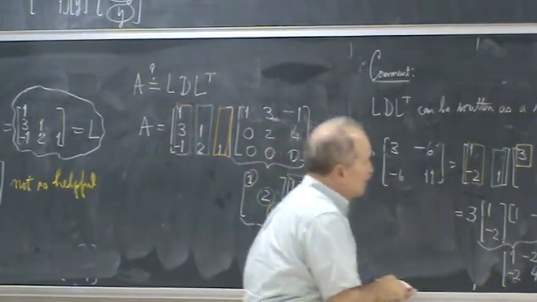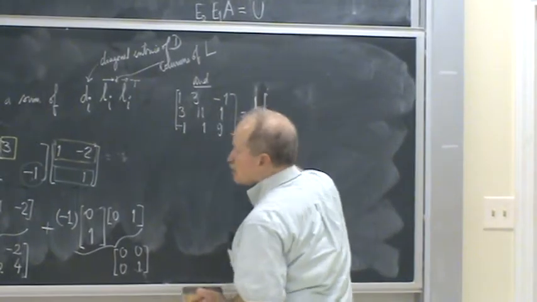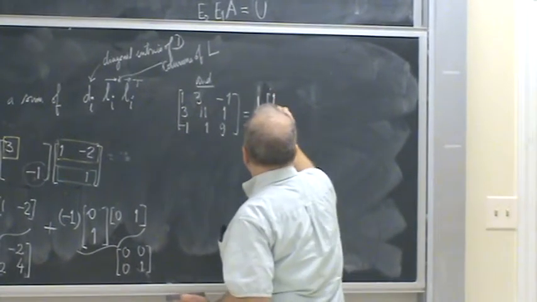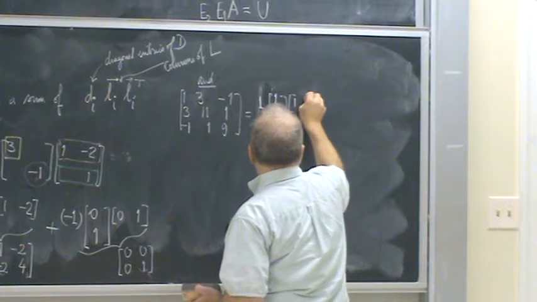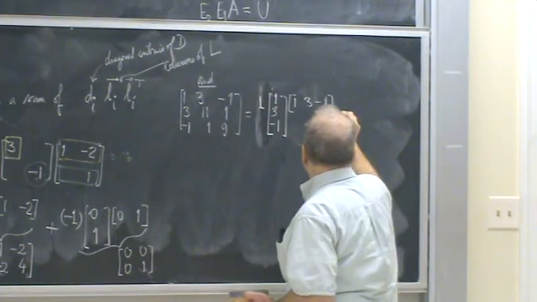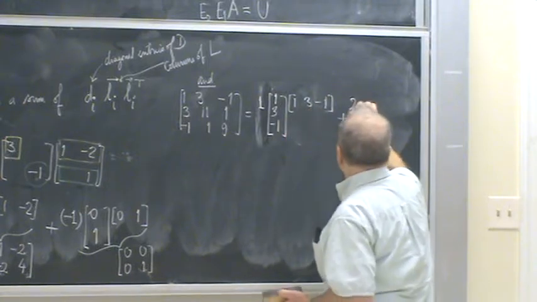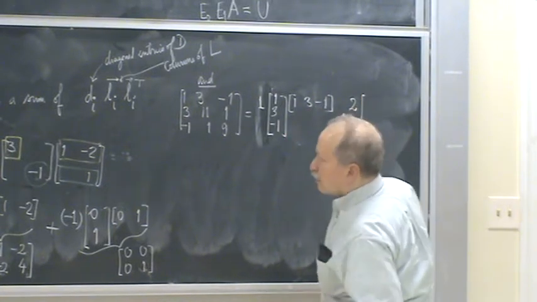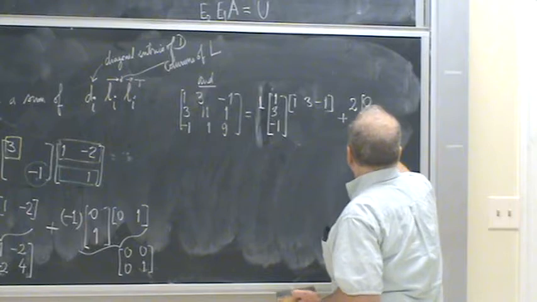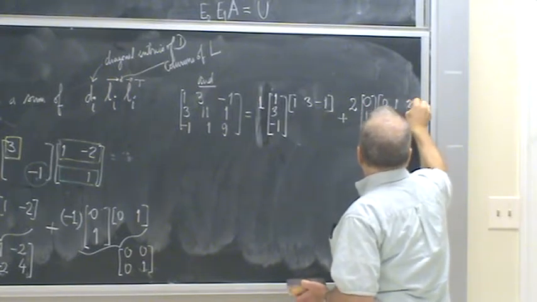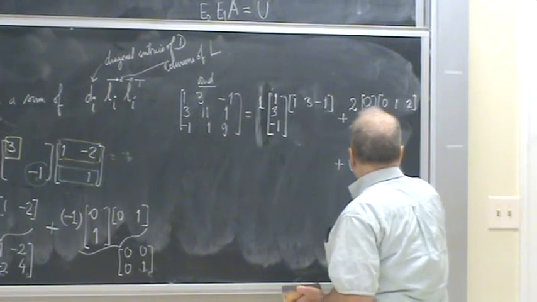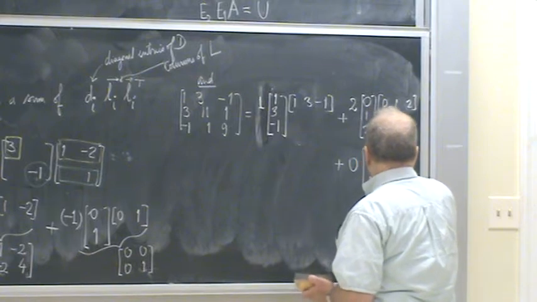So I'm saying that this breaks down to 1 times the first column of L times its transpose, plus 2 times the second column of L times its transpose, and then lastly plus 0 times the third column of L times its transpose.